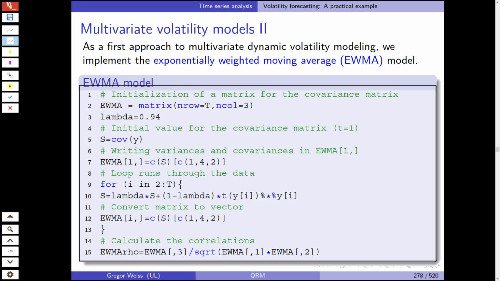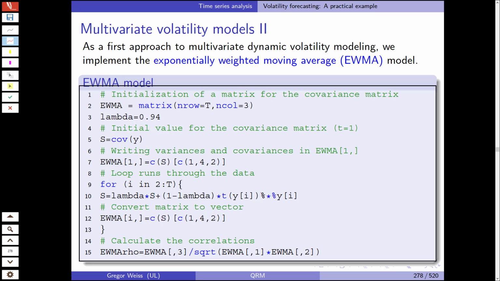We then write the variances and covariances in EWMA 1. That's the first line. And then we have a loop that runs through the data. So S is lambda times S plus 1 minus lambda times T at this point.